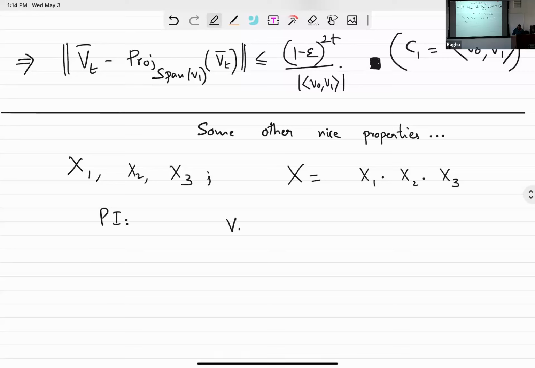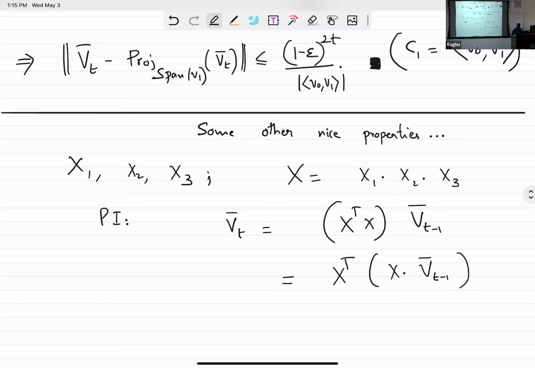To run power iteration, you need to be able to run this update. And we always compute it as something like this. Or what's a good way to compute this?